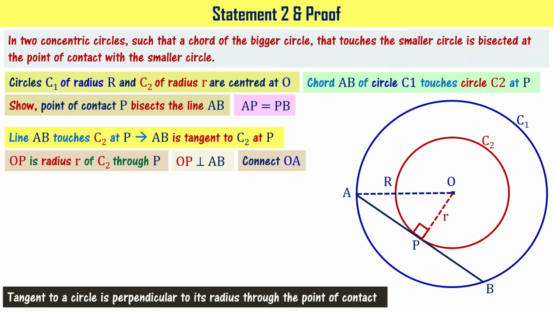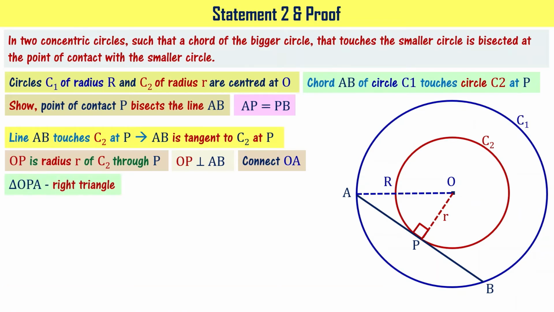Let's now connect OA such that you have a right triangle forming, that is triangle APO, right? Triangle OPA or triangle APO is a right triangle. So we can apply Pythagoras theorem such that you can write it as OA square equal to OP square plus AP square, right? Let me rearrange this such that I can get AP square equal to OA square minus OP square, right?